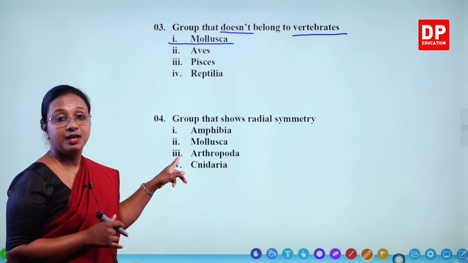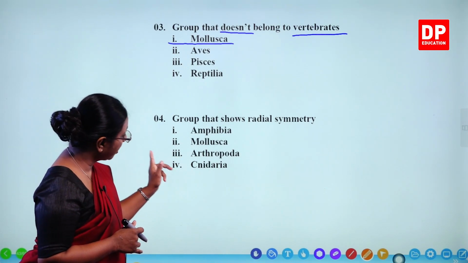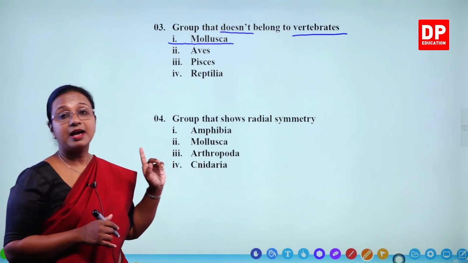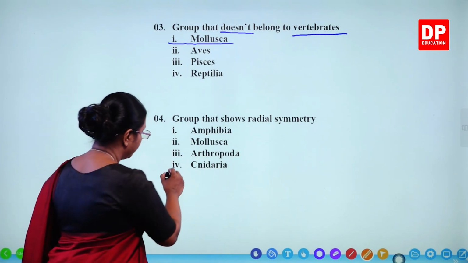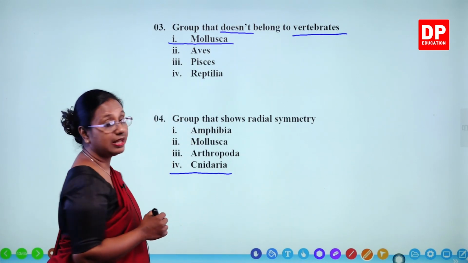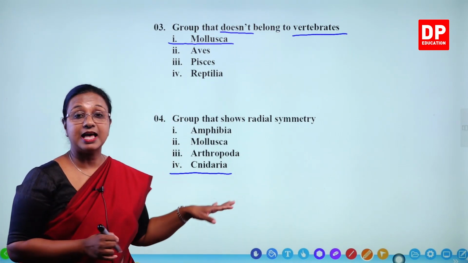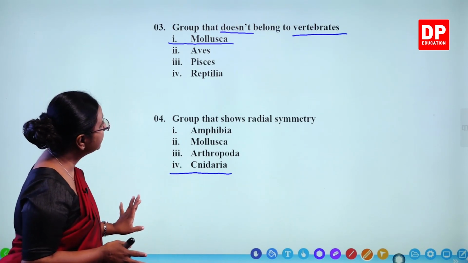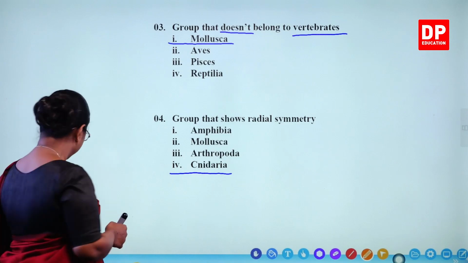Mollusca has bilateral symmetry. Arthropoda? Bilateral symmetry. Cnidaria has radial symmetry. All the others have bilateral symmetry. So, with that, I will move on to the next one.